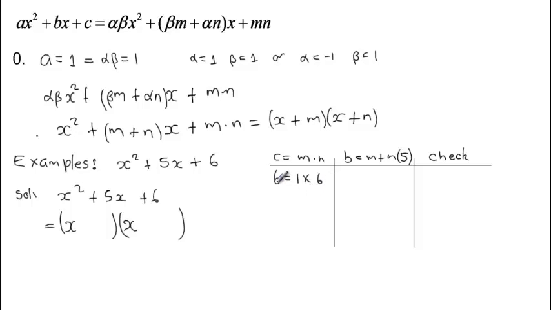Now, since 6 is positive, we know that to get a positive number as a product of two numbers, both numbers got to be negative, multiplying negative by negative to get positive, or both numbers must be positive, multiplying positive by positive to get positive. So now here we need to have those combinations, those possibilities, all of them.